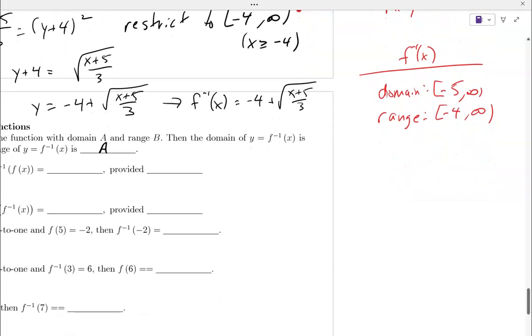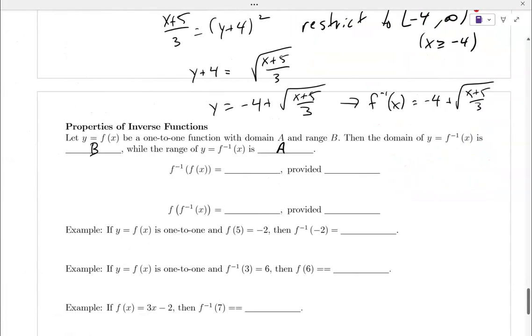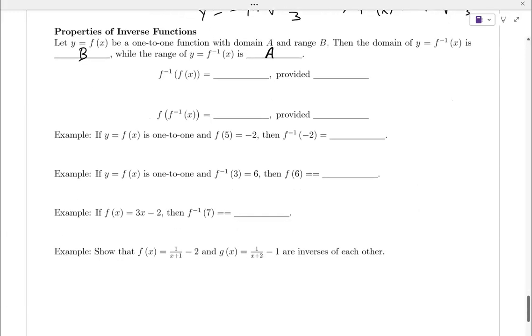All right. Let's talk about some other properties. The whole point, again, of inverses is that they're supposed to undo each other.